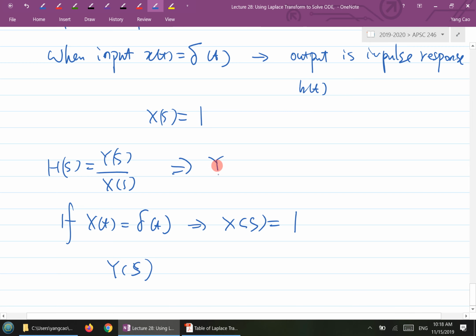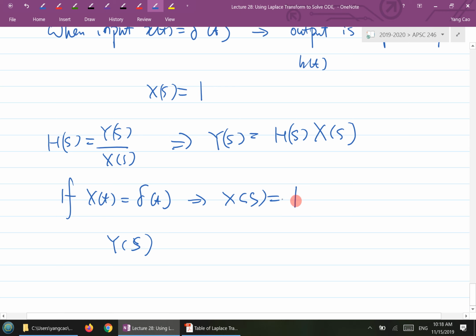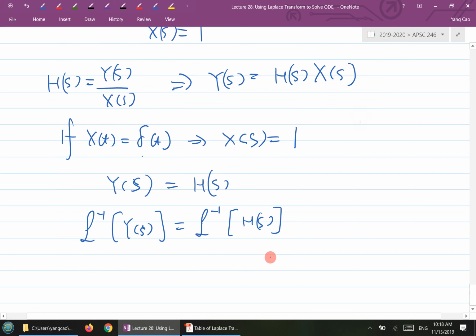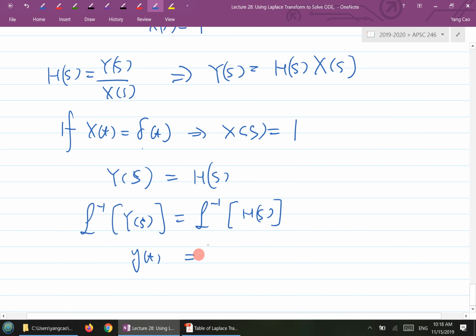From here, y of s equals h of s times x of s. So if your input is delta t, x of s is 1, then y of s equals h of s. If I take the inverse Laplace of both sides of this equation, we get y of t equal to h of t.